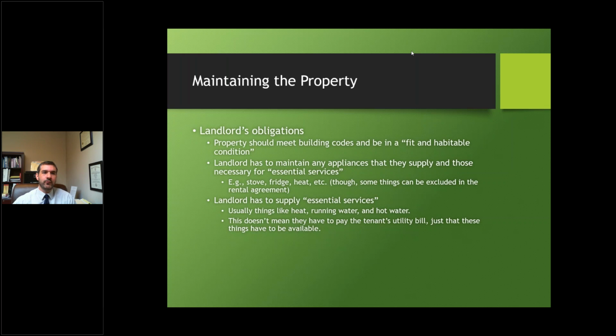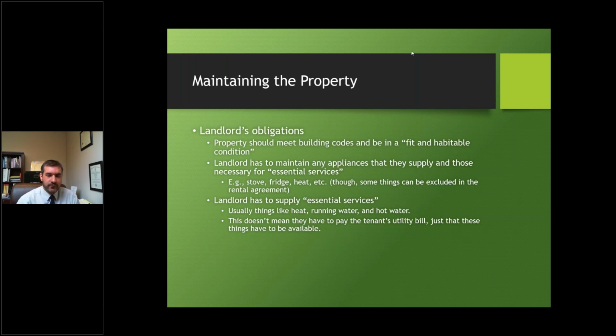So one thing we'll see is if you're renting a single family home versus a multifamily property, multifamily generally being a place where at least 5 or more families can live, the landlord is allowed to shift a few of the landlord's maintenance tasks onto the tenant in a single family home circumstance, but those have to be written out and agreed to by the tenant. So sometimes we'll see leases where the landlord has shifted that burden onto the tenant, and if it's a single family home, sometimes that's okay.